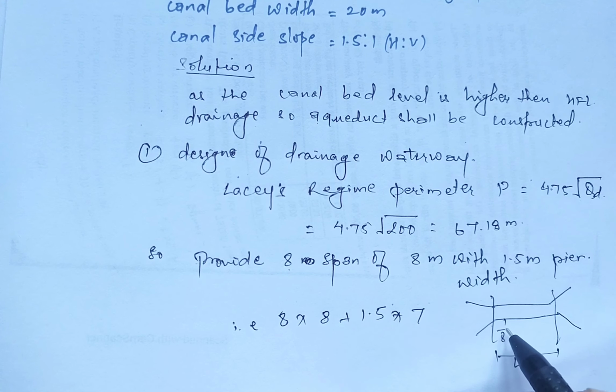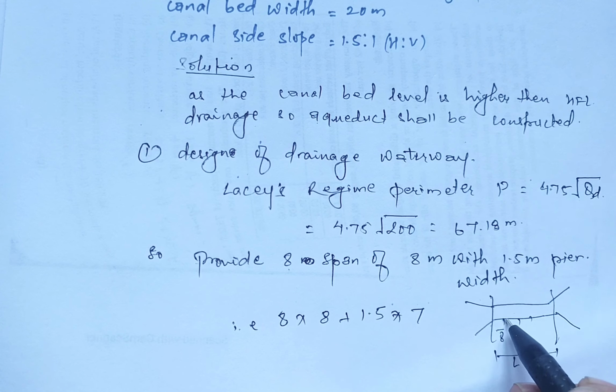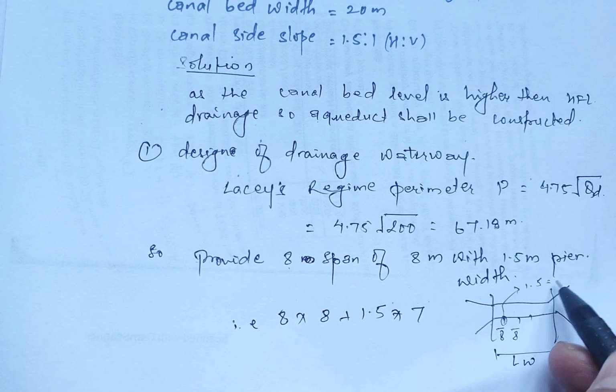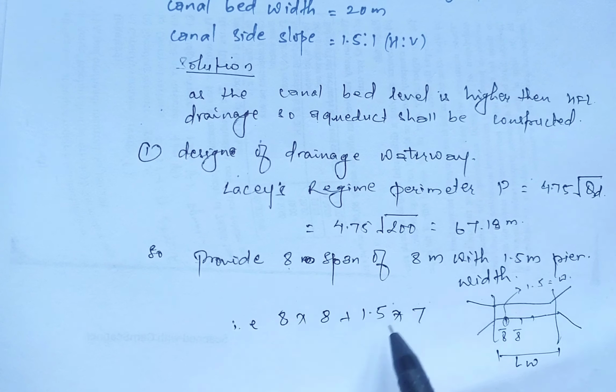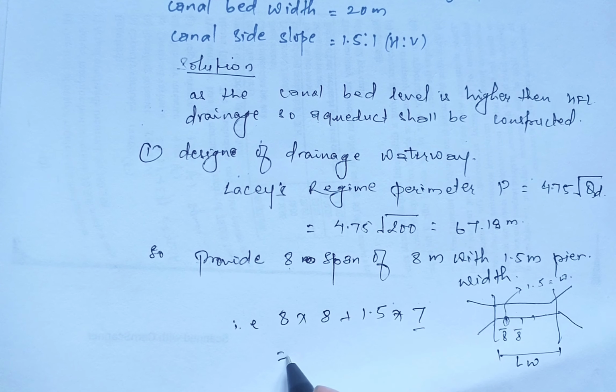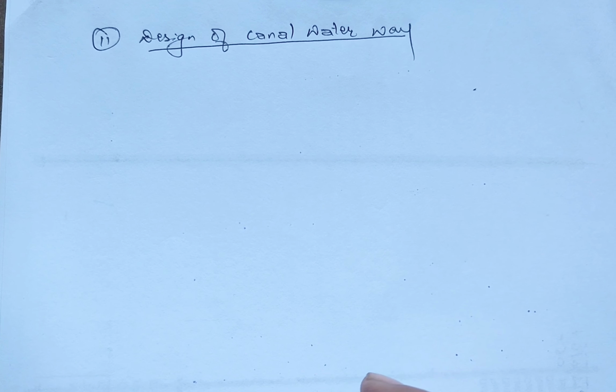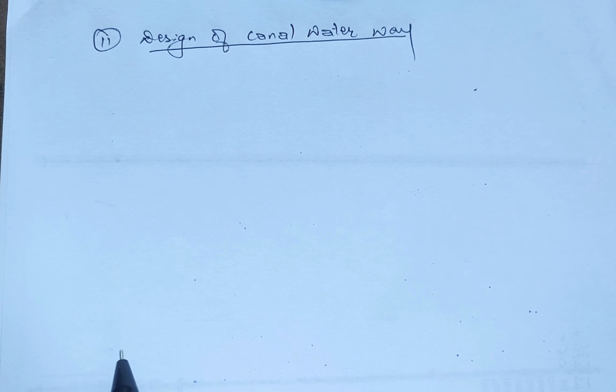This is an 8 meter span, and this is also 8, and similarly the width of each pier will be 1.5, so there will be 7 piers. On solving this, the total length will be 74.5 meter.